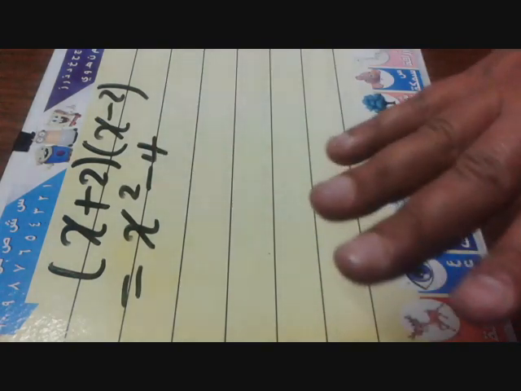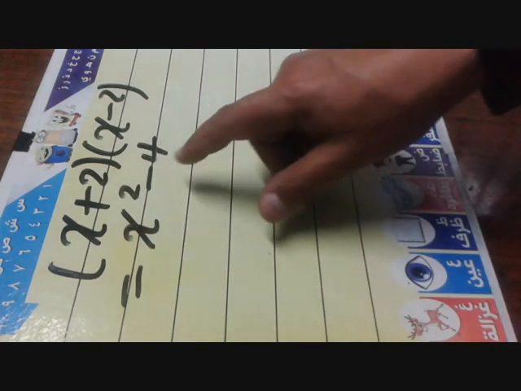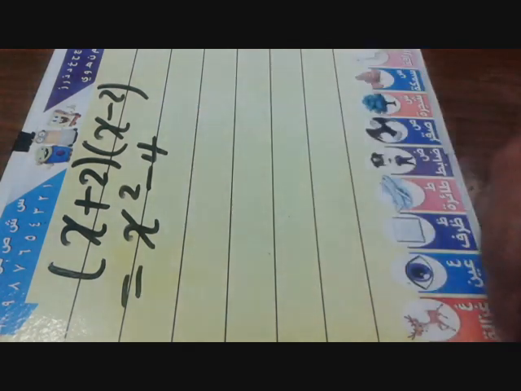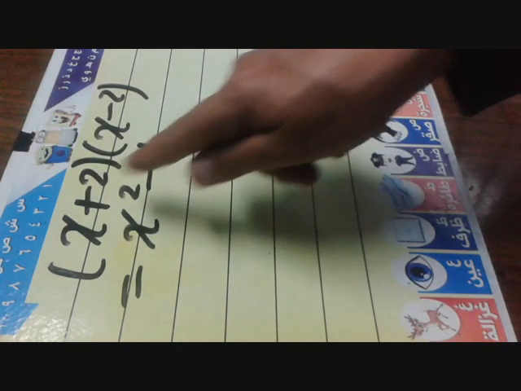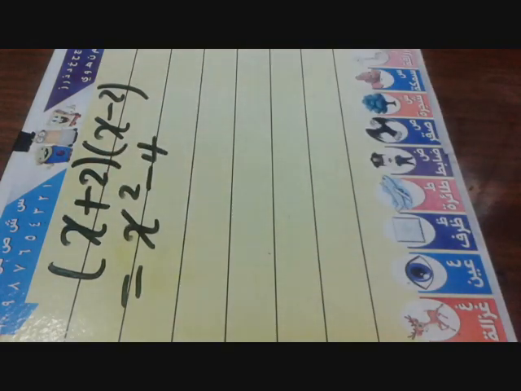There isn't any middle term here. This is the difference of two squares. According to that, if I tell you to factorize this, we obtain this.